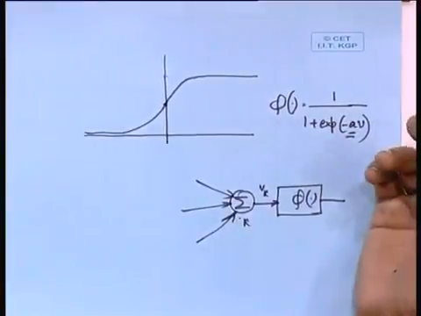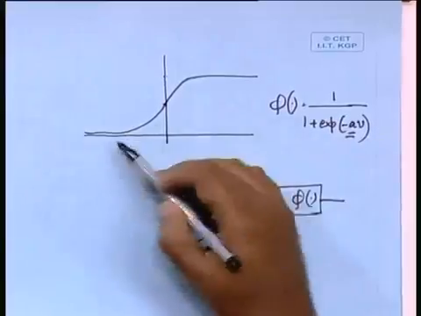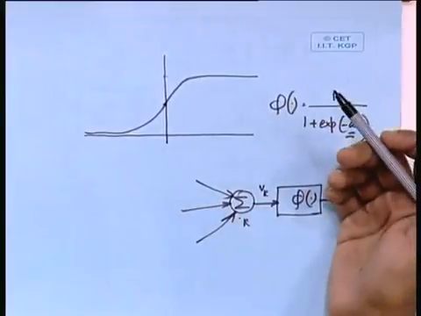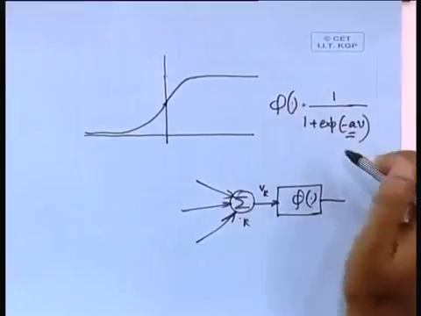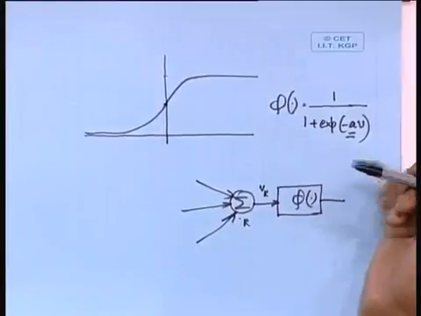The sigmoidal function can be realized using many functions; it has to give an S-shaped characteristic, but not necessarily with the equation 1 by 1 plus exponential to the power minus AV. It could be any realization. Another advantage is the tuning of the slope of the curve using this A.